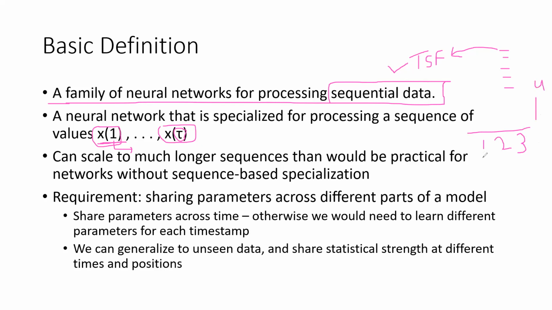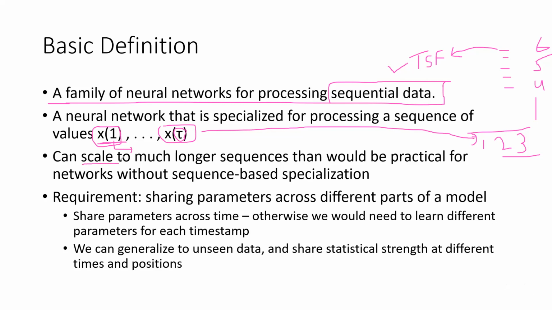Then I will input the next 3 words and make a prediction for the 5th word. And then I will input the next 3 words and make a prediction for the 6th word. So in this case, tau will be equal to 3, and my input layer will consist of 3 neurons. I hope that this is clear to you. It is not very difficult to understand when we see the diagram, inshallah.